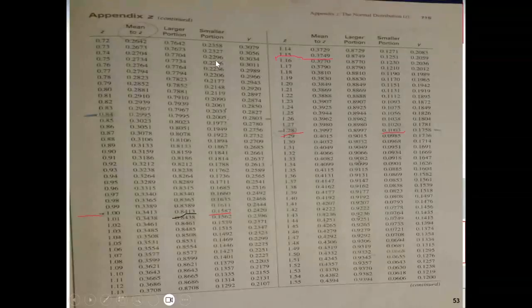The tail should be 0.1 on the right side. You can see it right there. At the far edge, I have a blue line, and then the third column, which is small portion, is 0.100. That's the closest you can get to 0.10.